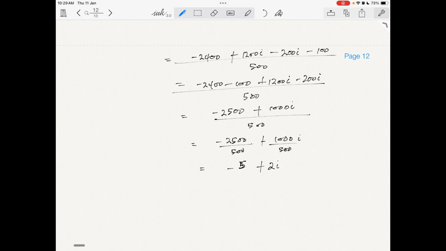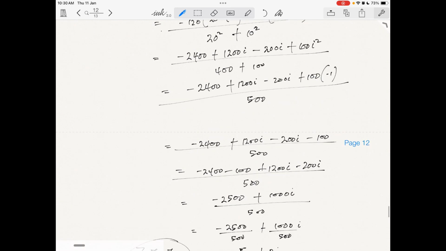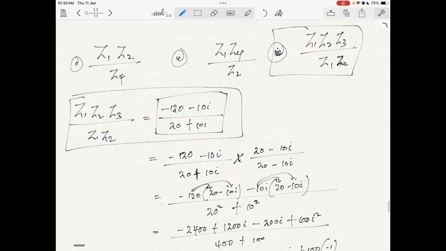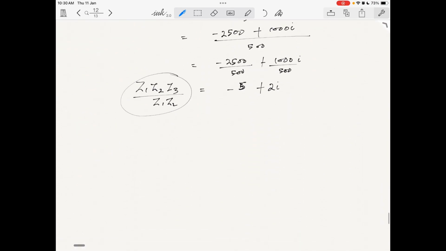So we can see how everything was simplified further, and we know that this is just an expression for z1, z2, z3 divided by z1, z2. Now we notice something. Even this question, we shouldn't have gone through this whole process, because z1, z2, z3 divided by z1, z2, z1 and z2 can cancel out, and our answer will be z3.